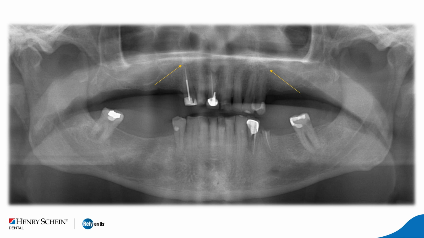So on that panoramic, those are the implants that he had. He had zygomatic implants placed because he had to have a major resection. Because that patient, if you look back on the panoramic here, you can assess pretty well the mandible, the condylar head, the coronoid process.